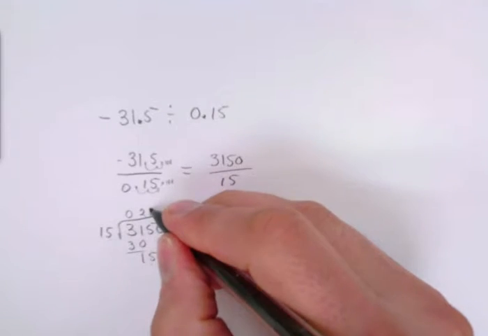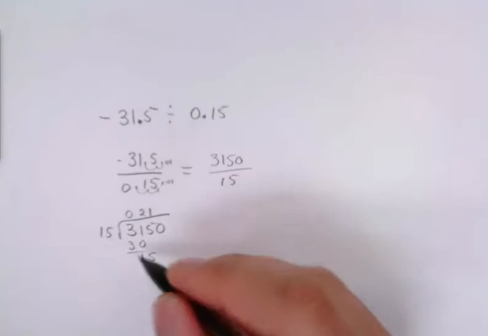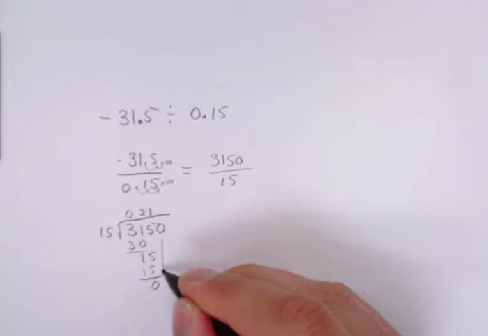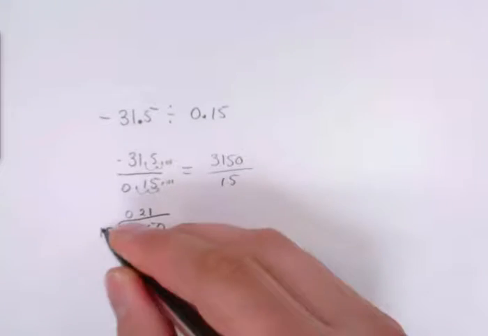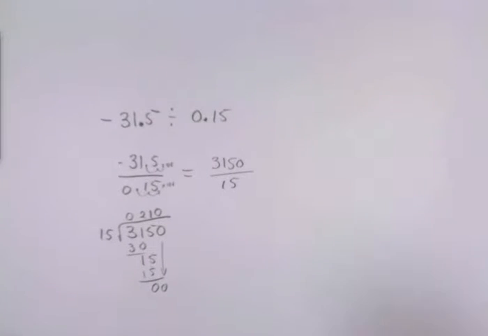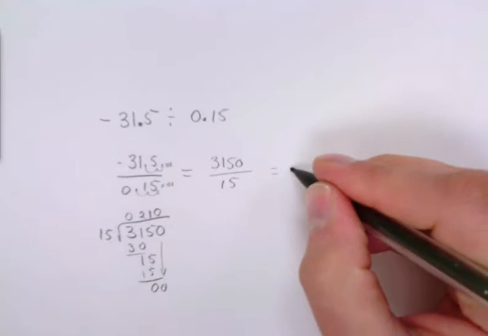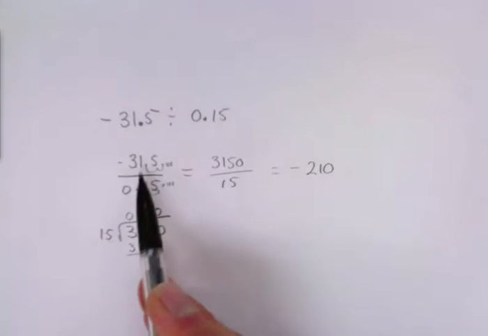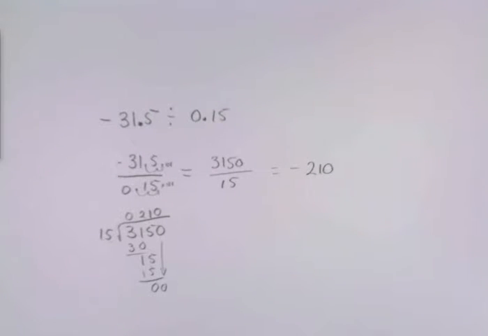So I'm going to put the 1 over the 5. And we have 15. We subtract and we get 0. Carry down this 0. And 15 goes into 0 0 times. So my answer for this is equal to negative 210, because a negative divided by a positive is a negative. Okay?